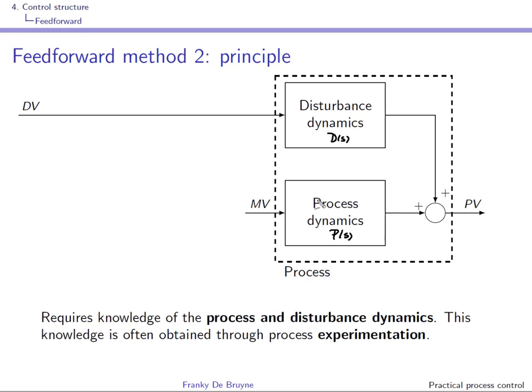Although this is easier for the process dynamics because you can influence MV, right? For instance, if you have a controller in front, put it in manual and put a step at the input over here and look at PV. This is of course more difficult for DV because very often you cannot influence DV and you have to live with the DV that is present on the process, right?